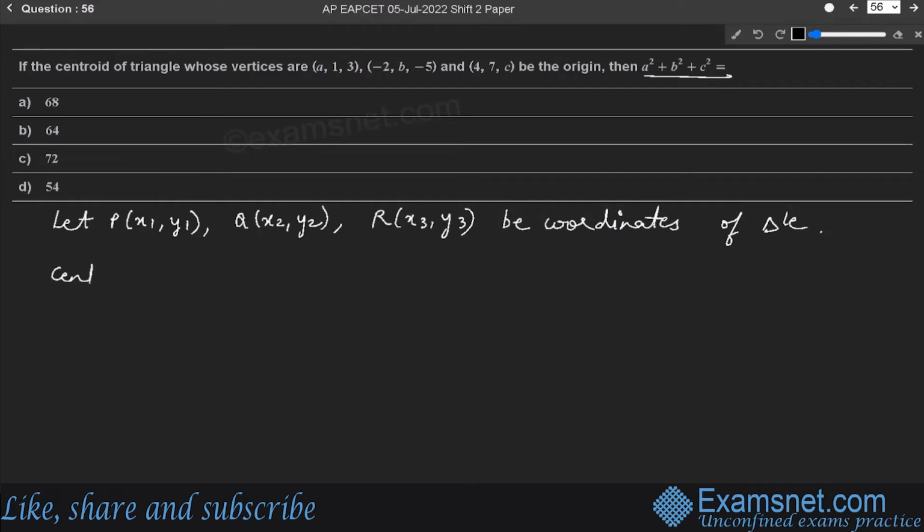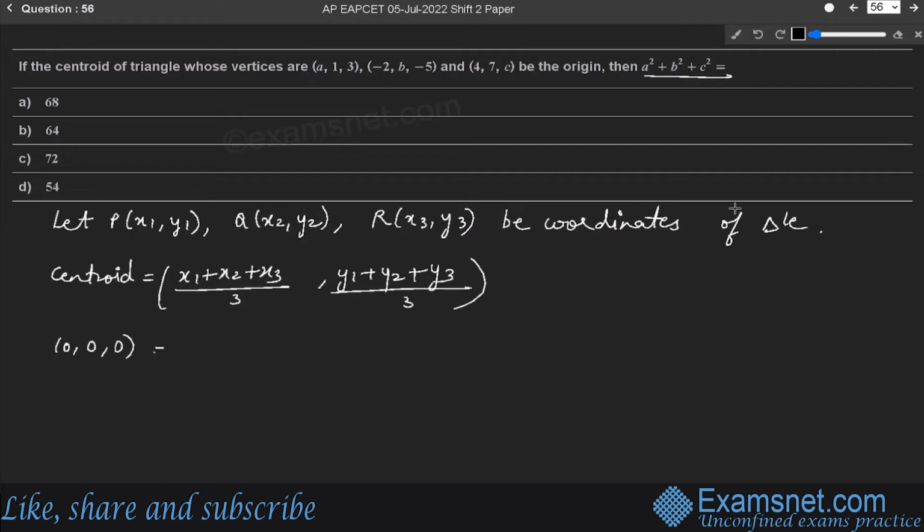Now the centroid of the triangle will be equal to x1 plus x2 plus x3 divided by 3 and y1 plus y2 plus y3 divided by 3. By using the formula of centroid of triangle, 0, 0, 0 will be equal to a minus 2 plus 4 by 3 and 1 plus b plus 7 by 3 and 3 minus 5 plus c by 3.